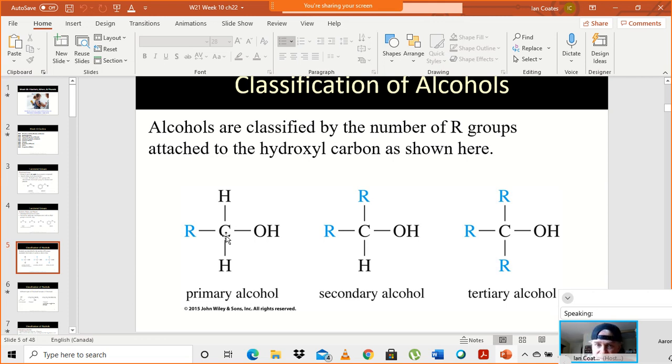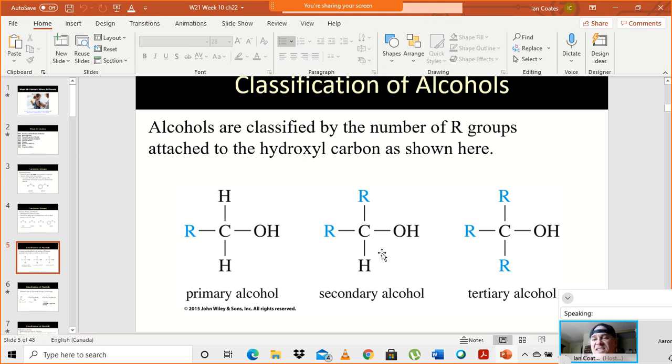You see here, this carbon's attached to 1. That's the definition of a primary alcohol. So if you had a pentane, and on the end carbon you had a hydroxyl group, it would be called 1-pentanol. That would be a primary alcohol.